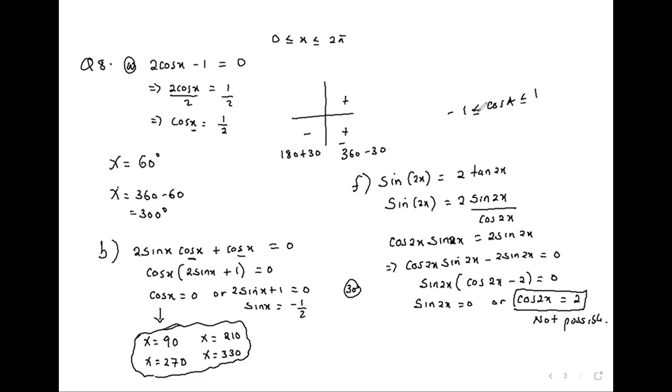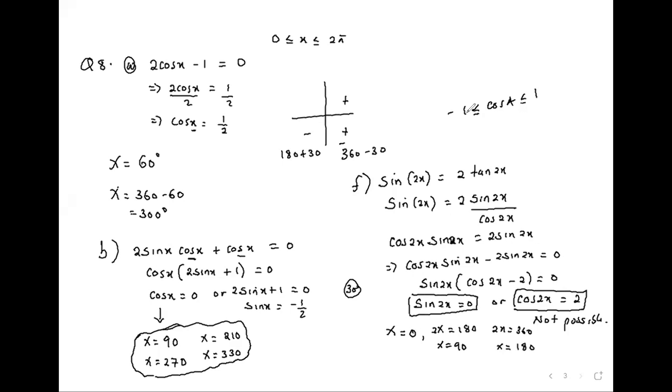So for sine being 0, 2x is 0, 180, 360, giving x as 0, 90 and 180.